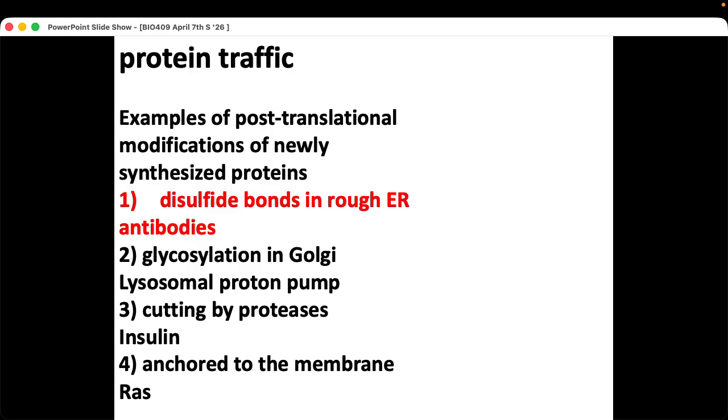We're going to see in just a short later example, insulin. Insulin is also held together by disulfide bonds. Where do you think those get made? In general, disulfide bonds get made in the rough ER. Okay?